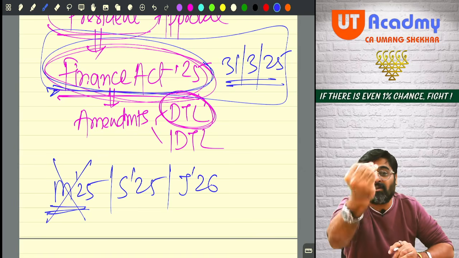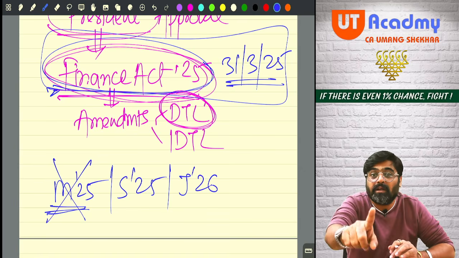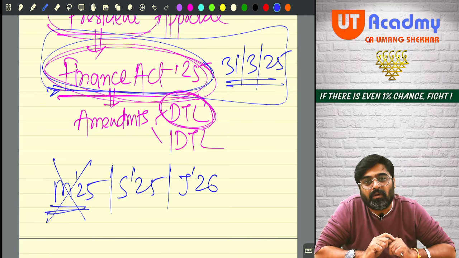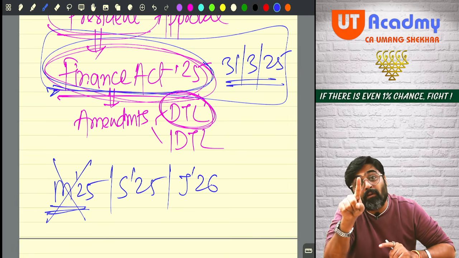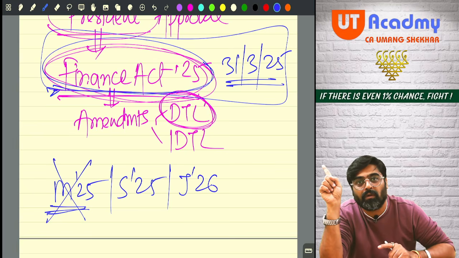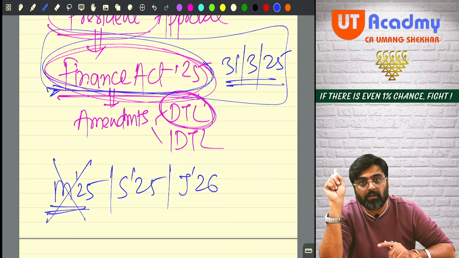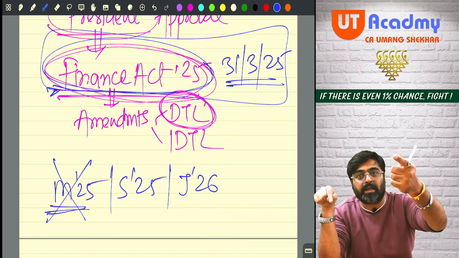Not for September 25 also. Why? Because till March 2025, all the September 25 students would have already started their studies, having passed foundation in September 24. You must have given your foundation, passed your exam and already started your studies.